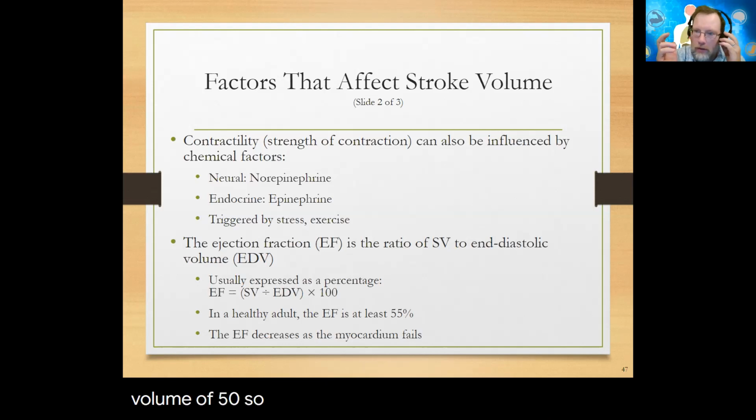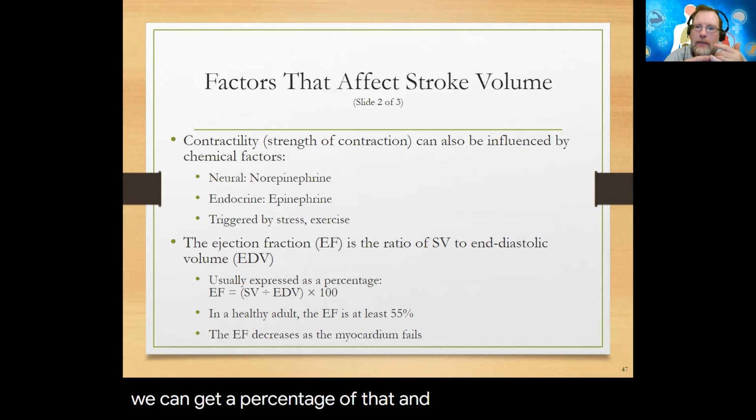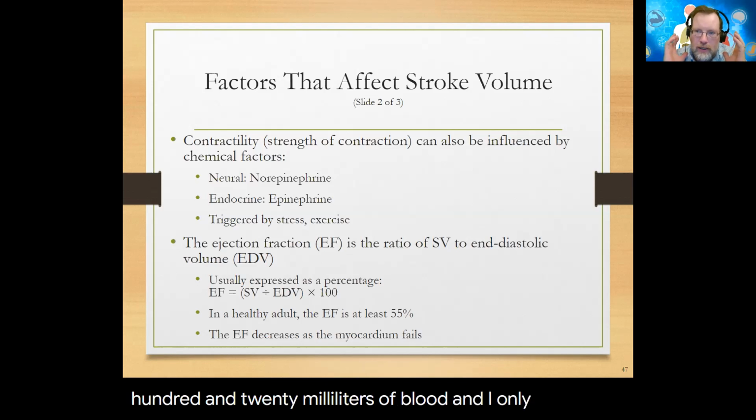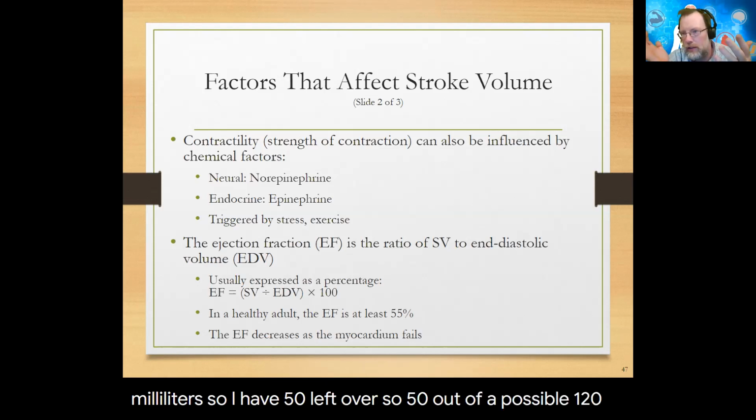So end systolic volume is end diastolic volume minus stroke volume. I've got 120 milliliters of blood and I only ejected 70 milliliters, so I have 50 left over. So 50 out of a possible 120 is left over.